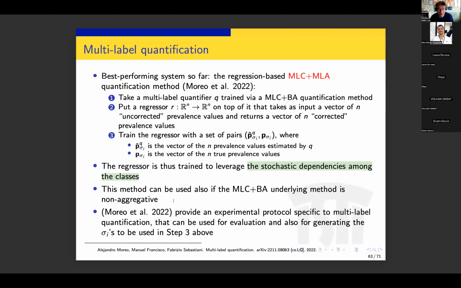One of the interesting methods: in the beginning we had said we'll focus on aggregative quantification methods for simplicity. So for instance, we had said BA can be implemented via the Saerens-Latinne-Decaestecker algorithm. It is interesting to note that this method can be used also if the underlying method is non-aggregative. Why?